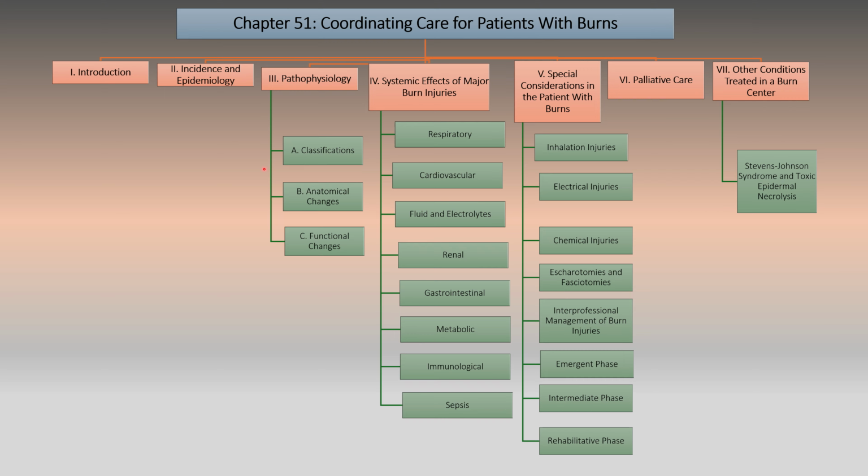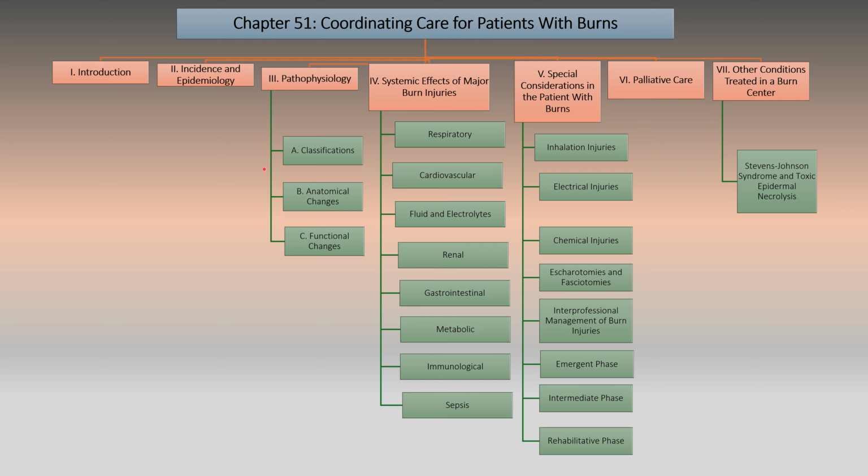Severity: inhalation injury, age, past medical history, location. Anatomical changes: concentric zones of burn injury, zone of coagulation, zone of stasis, zone of hyperemia. Functional changes: risk of long-term morbidity in functional areas like face, hands, feet, major joints.